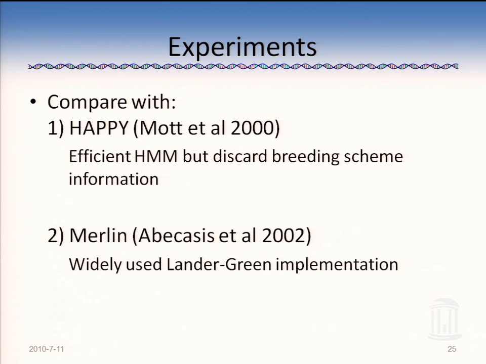It also infers the genome ancestry. It uses an efficient hidden Markov model, but because of the breeding scheme information, the state space is very small. We will also compare our algorithm with Merlin, probably the most widely used Lander-Green implementation, which uses a sparse tree to accelerate the computation.